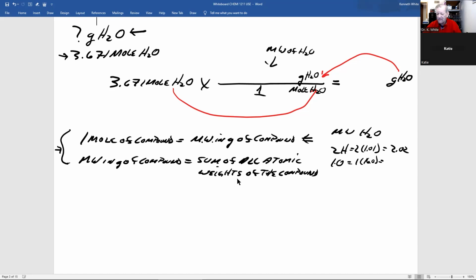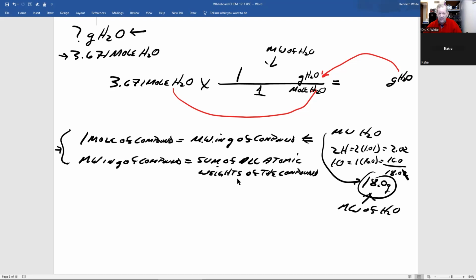Do the math. Round it off to the correct significant figures. Remember, when you're doing molecular weights, use all atomic masses. The 3 significant figures is 18.0. That's the molecular weight of water.